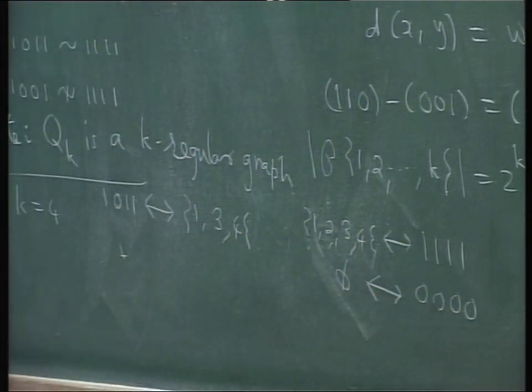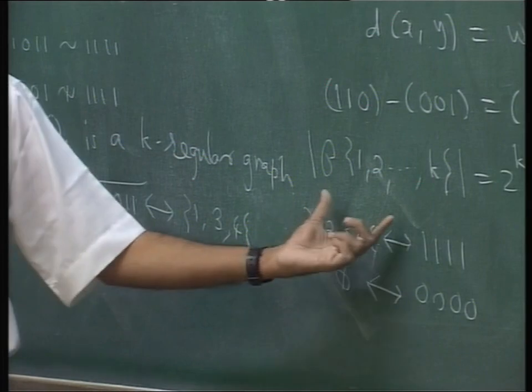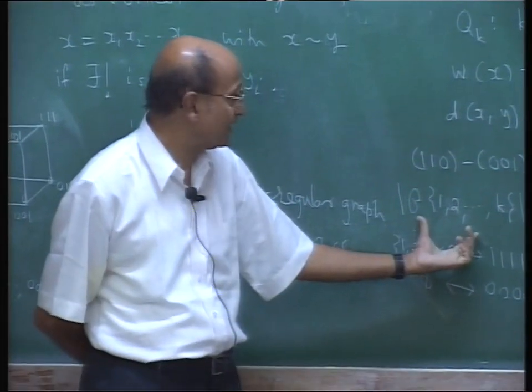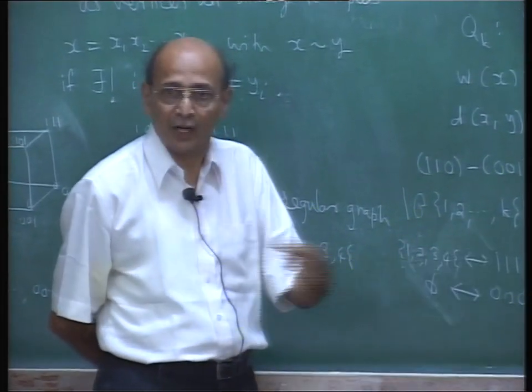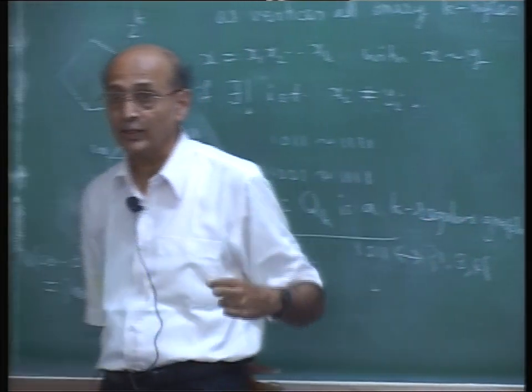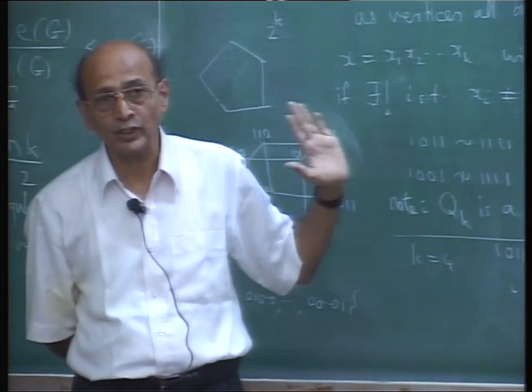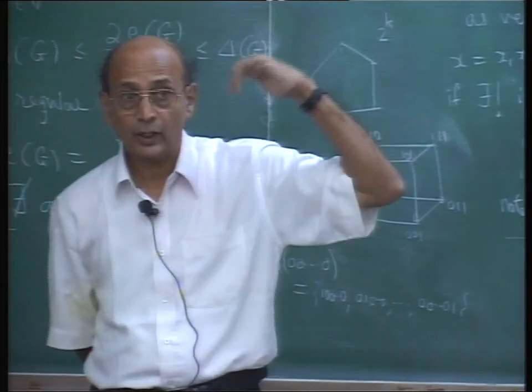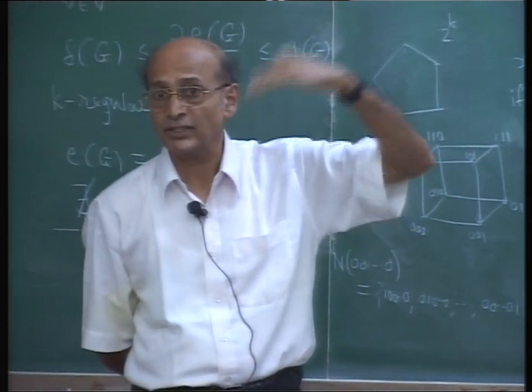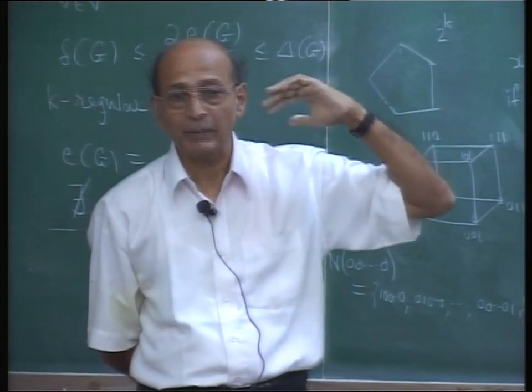So there is a natural bijection between the set of vertices of Qk and the Boolean lattice consisting of all subsets of a set of order k. This can be ordered by inclusion. The standard order on the Boolean lattice is by inclusion.